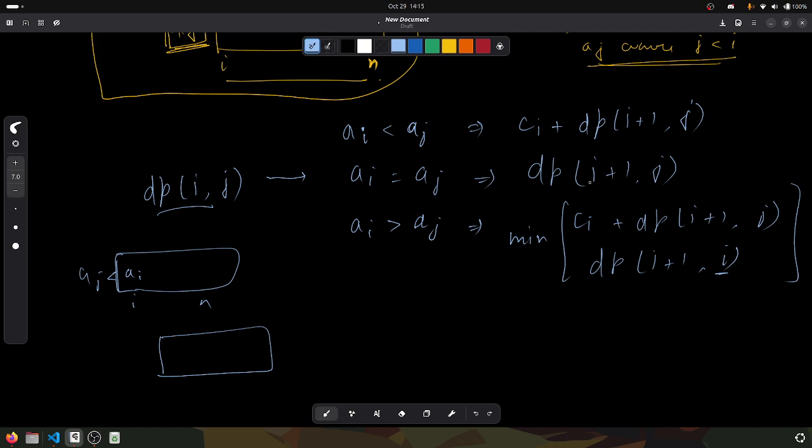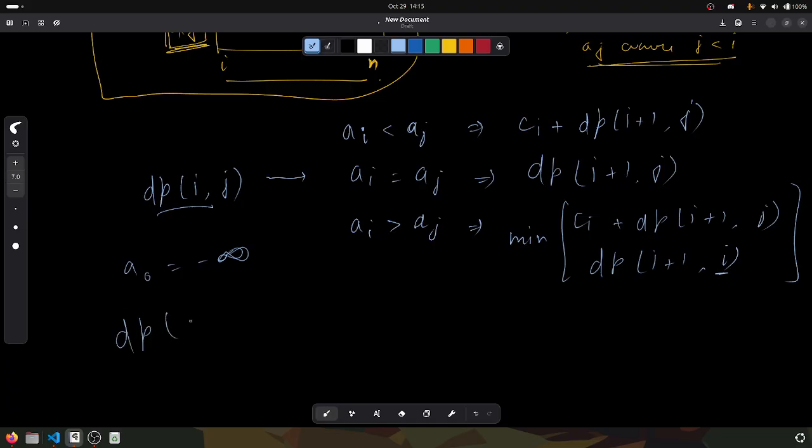So these four cases we need to take care of, and we can just simply put a0 as minus infinity, so the answer for our question will be dp of 1 comma 0, basically 1 based indexing, with the last element considered to be minus infinity.